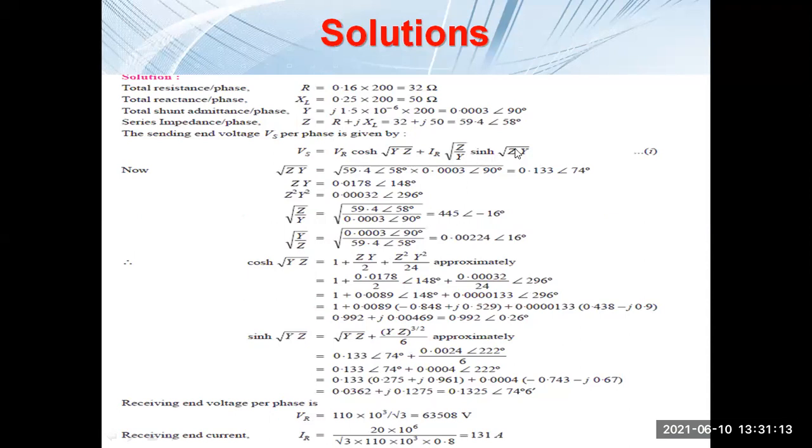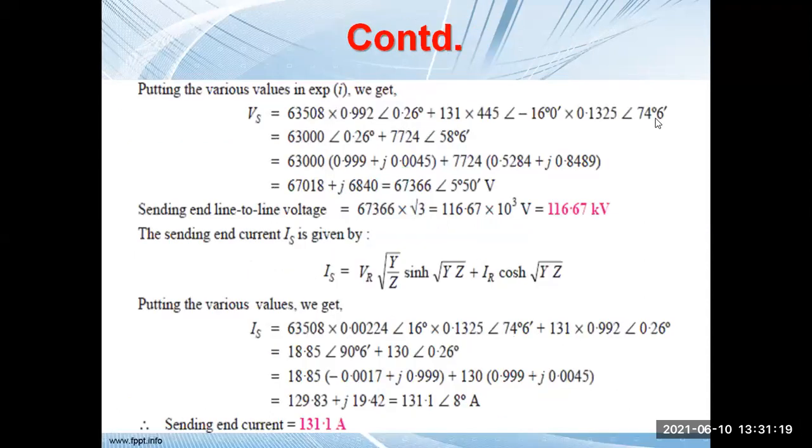Then sine hyperbolic square root of zy, that also we have calculated. So the only thing we have to do is substitute all these values here, and then do the simplification, and finally you get this VS value. Now this VS is your phase voltage. We need to convert this phase voltage in terms of line voltage, so we'll multiply by root 3, then we'll get the line to line voltage.